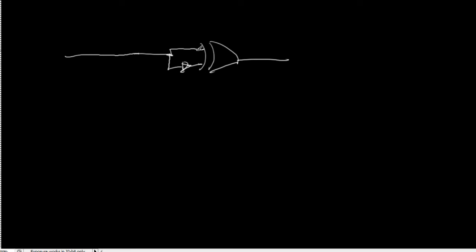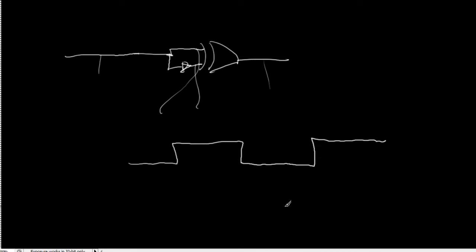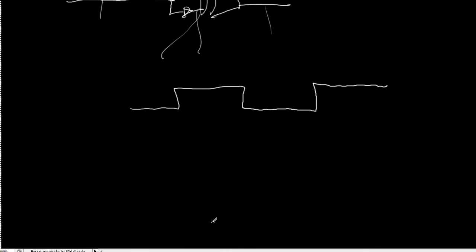So if we look at the timing diagrams for this, for the two inputs and the output, say this input looks like this. All right, I'm going to run out of room, aren't I? That's a problem. Let's quickly move this up here. Good.